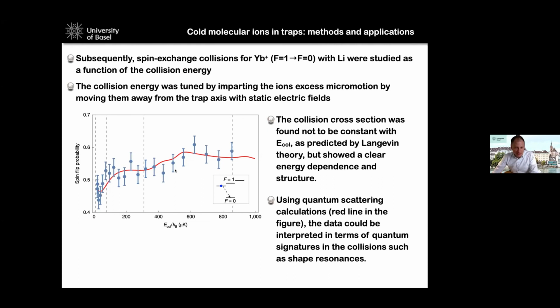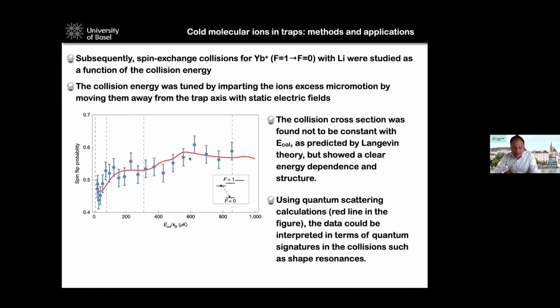where in their case they looked at the spin flip process in the terbium ion, where they could really see a non-constant spin flip probability, which was attributed to quantum features in the collision.